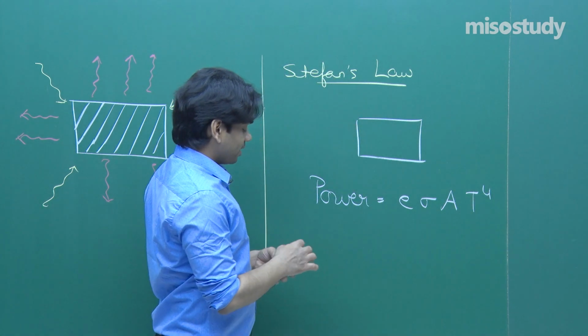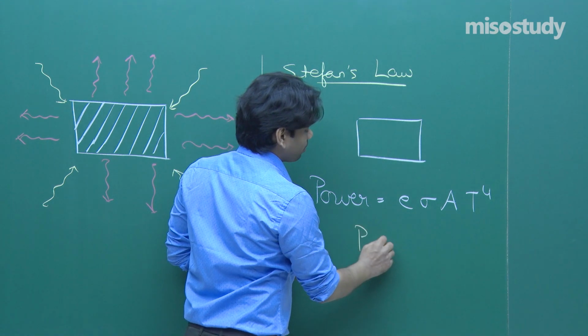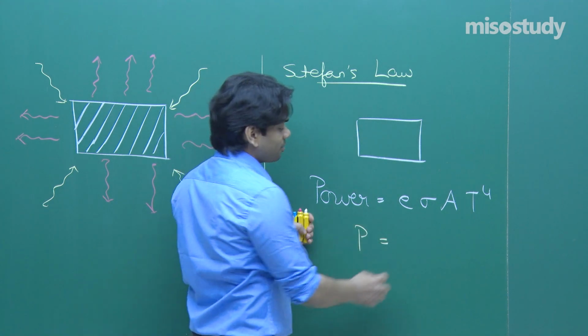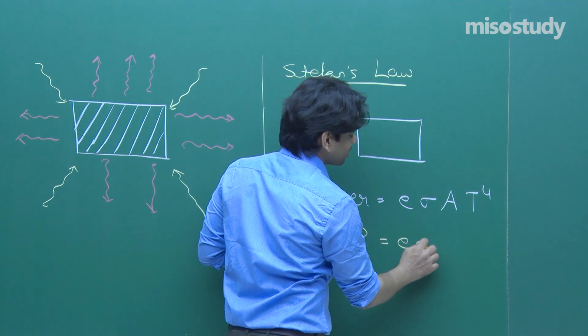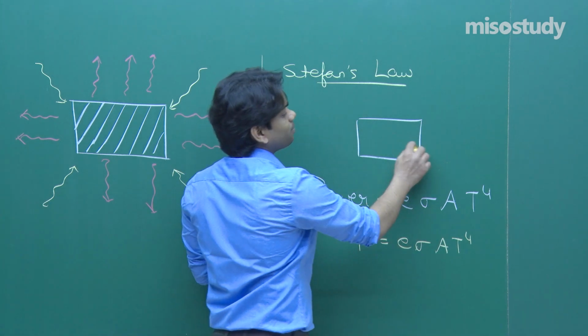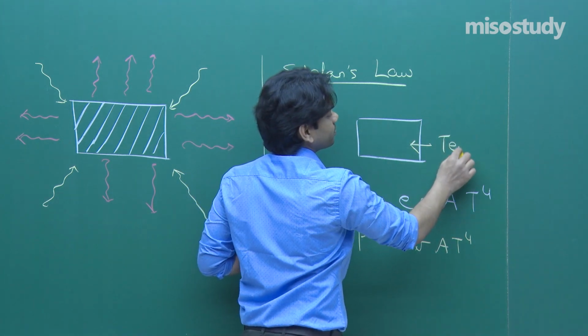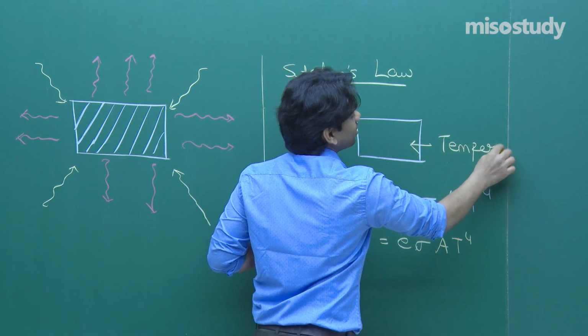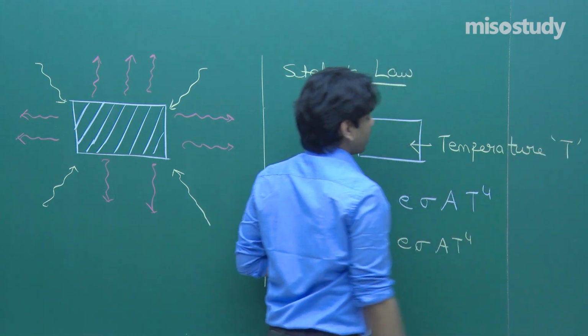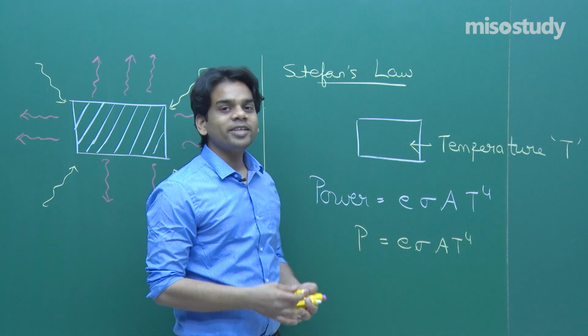We can write this as power P emitted, that is the rate of heat energy emitted per unit time, equal to E sigma A T to the power 4. T is the temperature of the body.